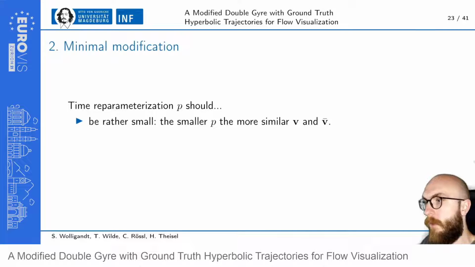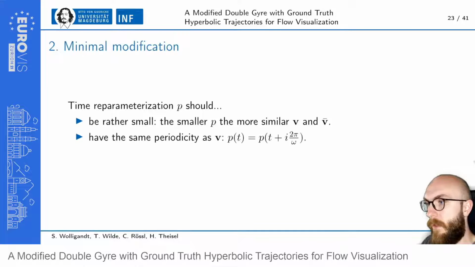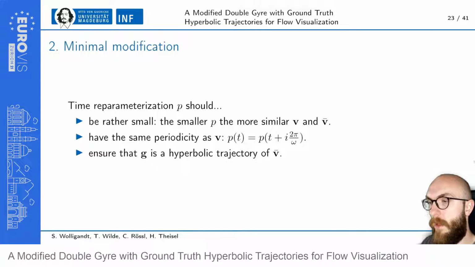It should be rather small, because the smaller the reparametrization of the modified double gyre, the more similar are the original and the modified double gyre. And it should have the same periodicity, of course, as the original double gyre, and it should ensure that g is a hyperbolic trajectory of the modified double gyre.